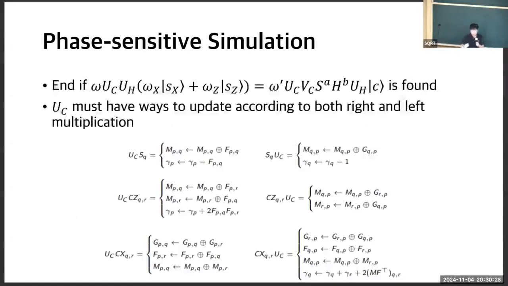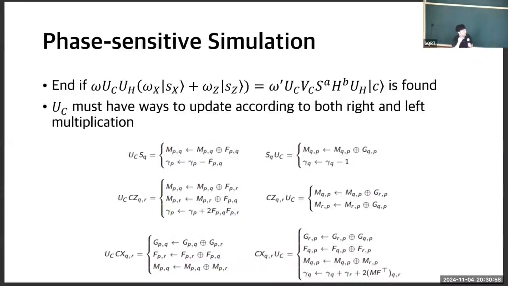So we can end the H-gate application by that omega x sx plus omega z sz to some bit string here, and that bit string generation requires S and H to be applied after UH or before VC here.